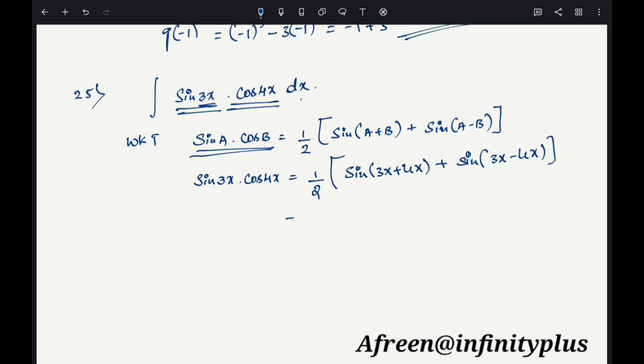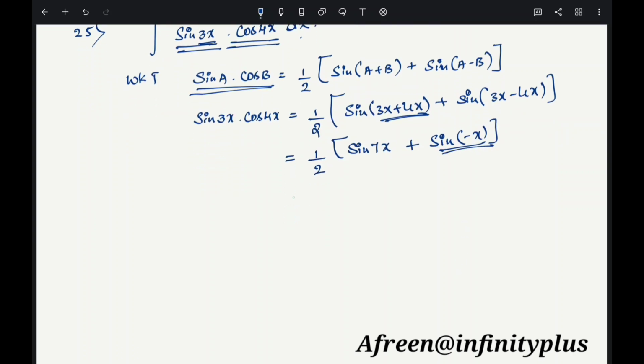So we will get, it is half into sine 7x plus sine minus x. So sine minus theta, we know that it is minus sine theta. So this can be written as half into sine 7x minus sine x. So in simple words, sine 3x into cos 4x can be written as half into sine 7x minus sine x.